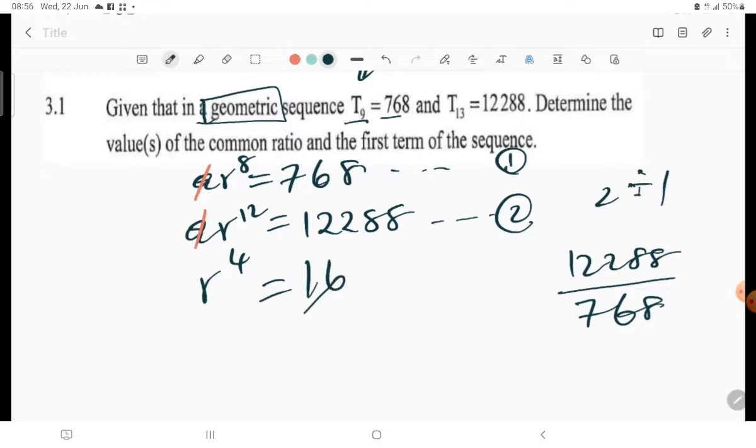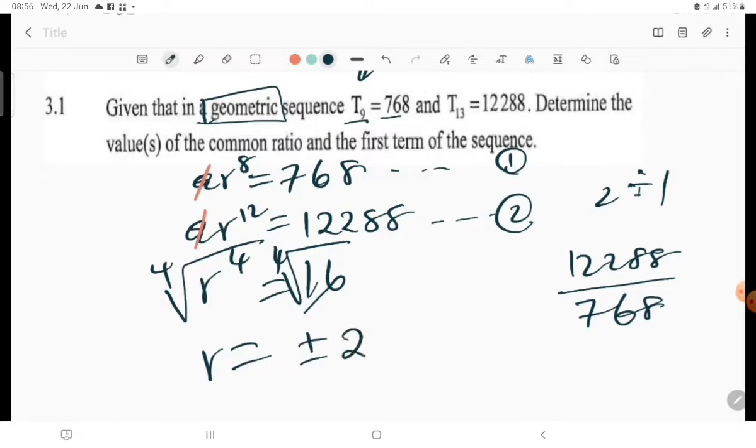Then when you have 16 here, you can apply the fourth root to find the value of R. So when you have a fourth root, you just need to remember that you will have plus or minus 2. You just need to know that when you are taking an even root, you will always get two values, the other one is negative and the other one is positive.